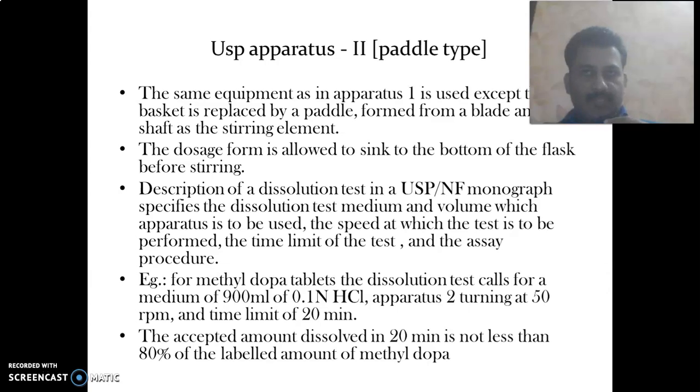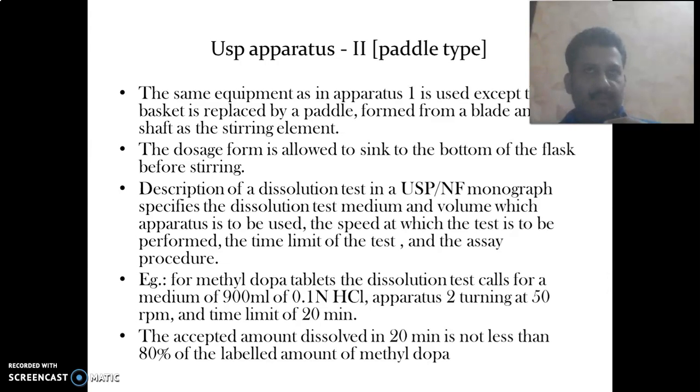And also there is a speed of rotation, which will also be mentioned in the monograph. Based on that we will be selecting the dissolution medium, the volume, the speed at which the test is to be performed, the limit, and the procedure, which will be given in the official compendia like USP-NF, IP or BP. You have to take it from that, depending upon the drug you are going to use.